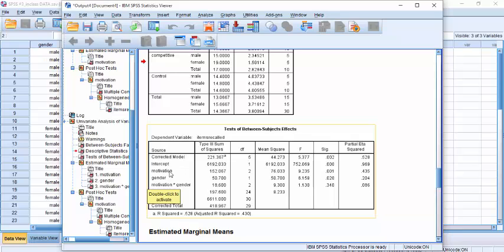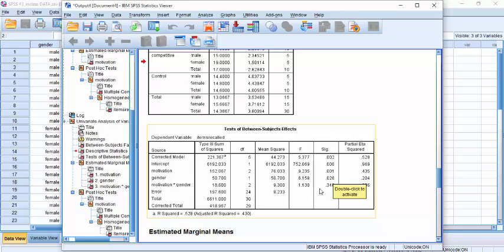And just looking at motivation, F of 9.235, our P value was 0.001. So this tells us that there is a main effect for motivation, a main effect for gender, but there is not an interaction between motivation times gender. That F was not significant.